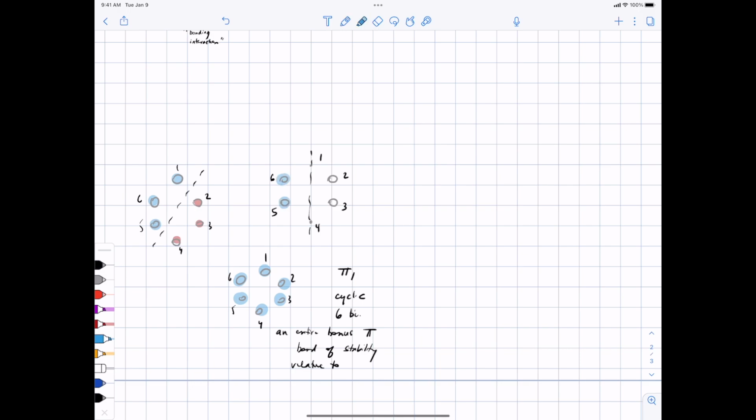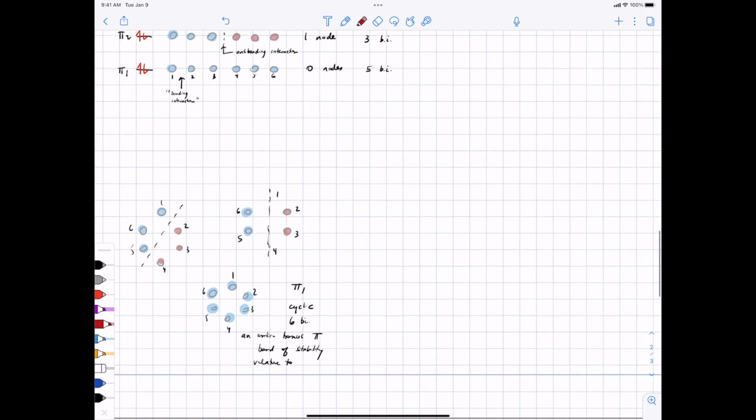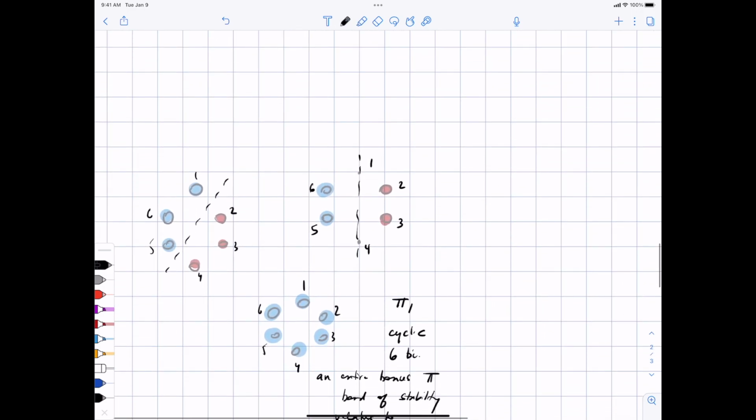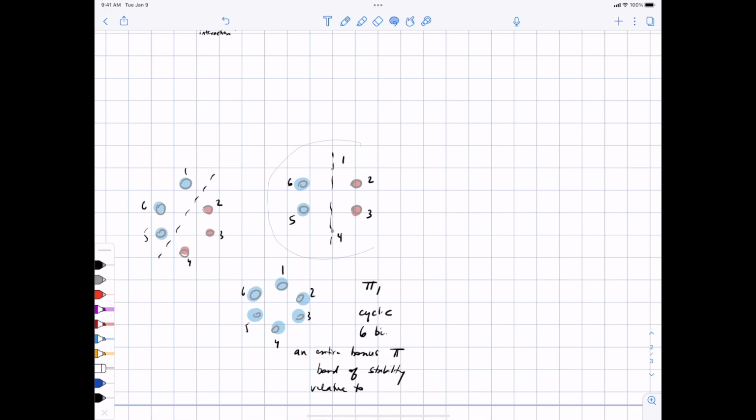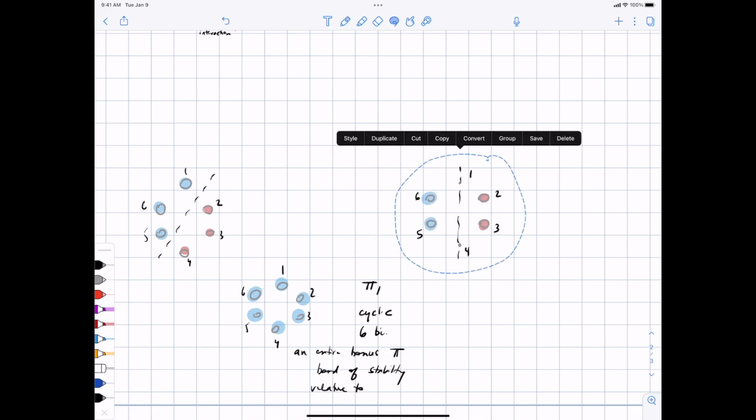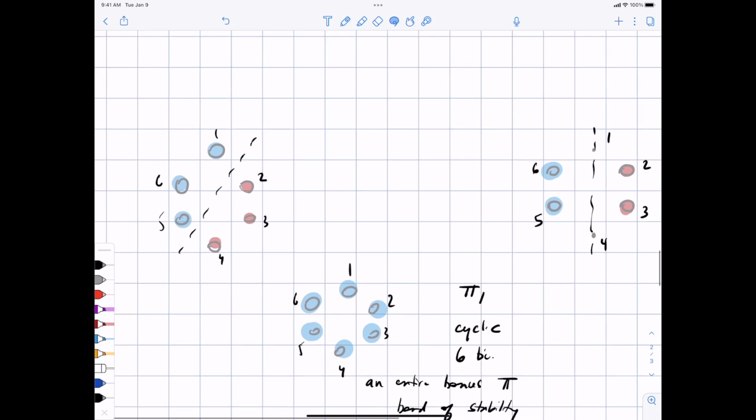However, if you look at the number of bonding versus anti-bonding interactions, these 2 orbitals are actually identical in energy. So the one on the left, you have 4 bonding interactions minus 2 anti-bonding interactions to get net 2 bonding interactions.